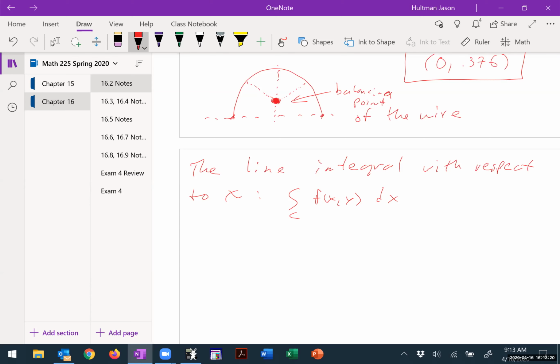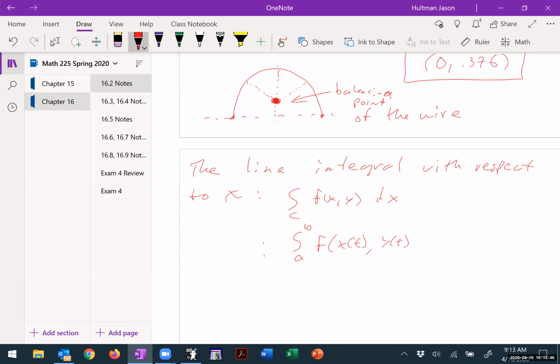How would we change this to a parametric form? Well, it would be the integral from a to b of f of x of t, y of t, and dx.